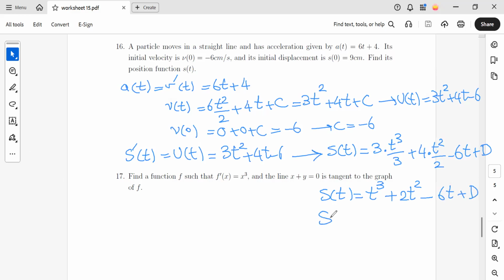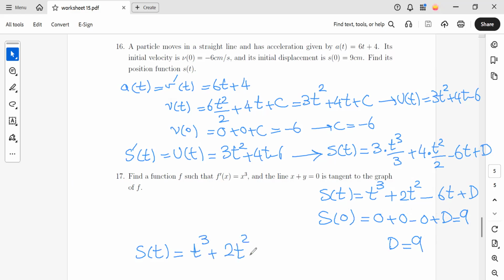And based on the question, s of 0 is 9. So s of 0 is 0 plus 0 minus 0 plus d, which is 9. So d would be 9. And s of t will be the position function t cubed plus 2t squared minus 6t plus 9.